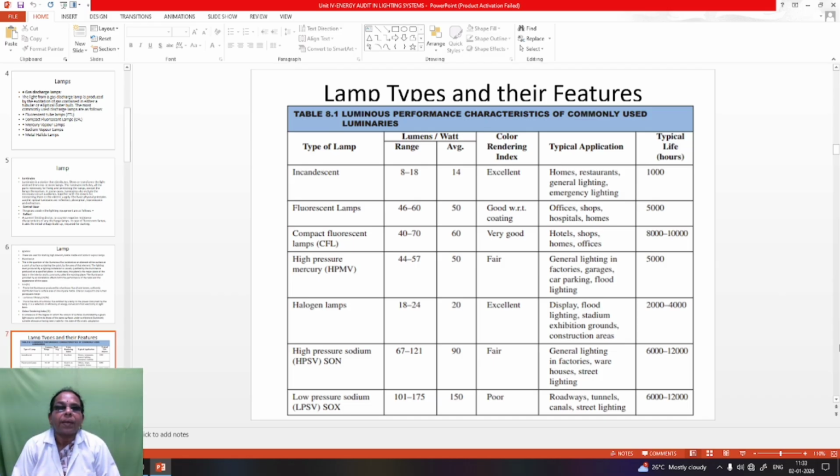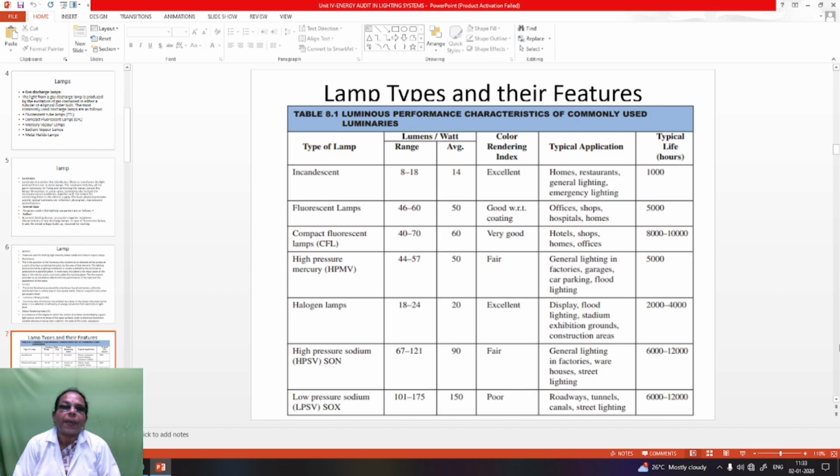Then the compact fluorescent lamp has a range of 40 to 70 watts and an average of 60 watts. Its color rendering is very good and it is used in hotels, shops, homes, offices. Its lifetime is 8000 to 10,000 hours.